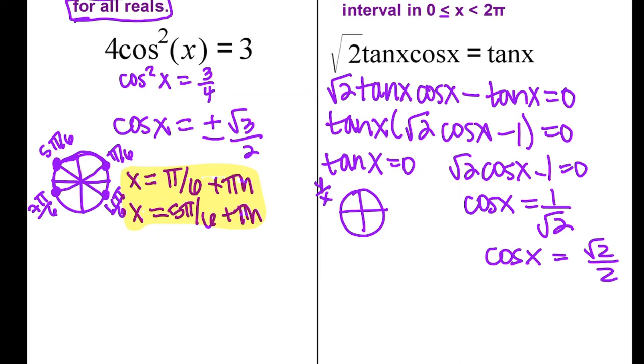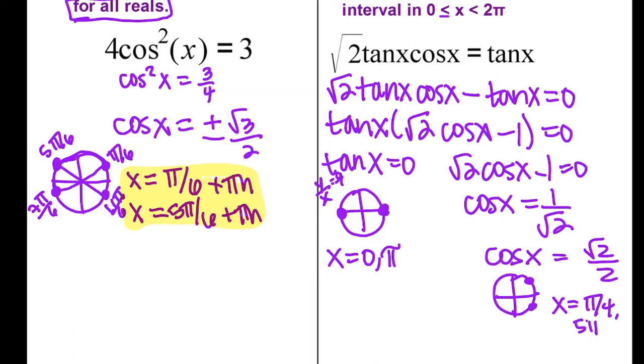So if it equals 0, then the y has to be 0 and the x has to be 1 or negative 1. So that's going to be here and there, which is at 0 and pi. Then over here, x equals square root 2/2 for cosine. And it wasn't plus or minus or anything, so that's here and there. And so I'm going to write pi over 4 and 5 pi over 4.